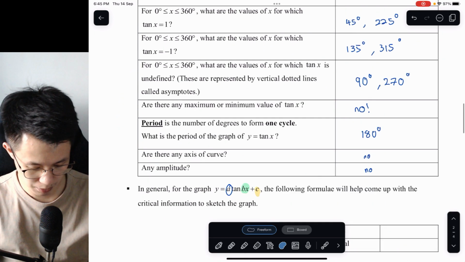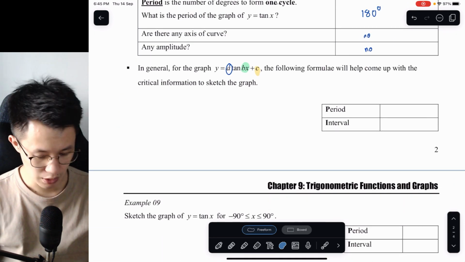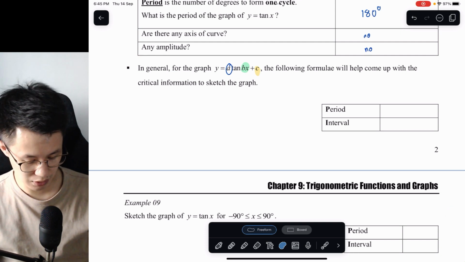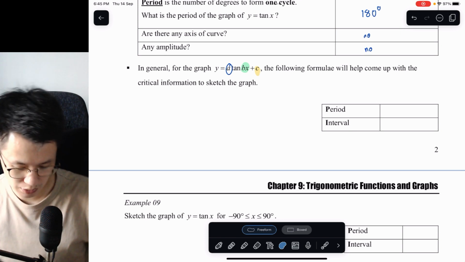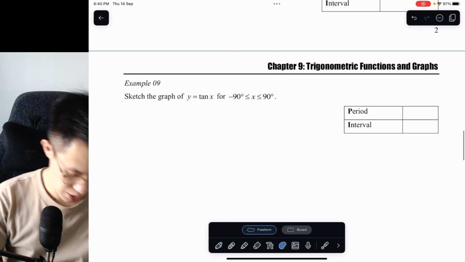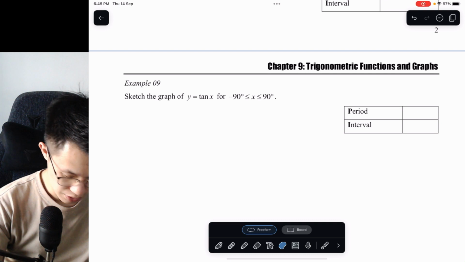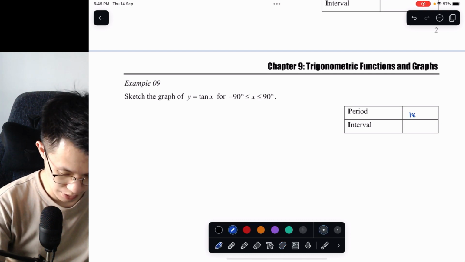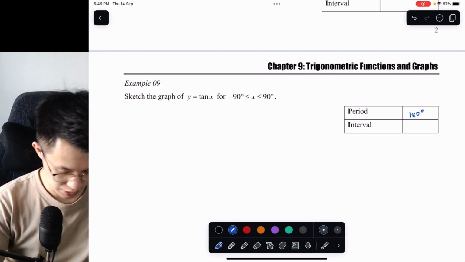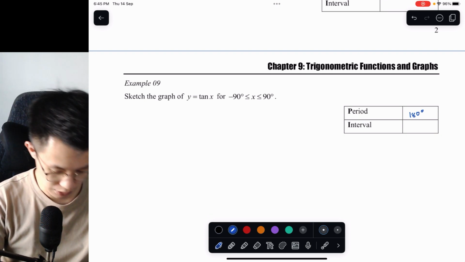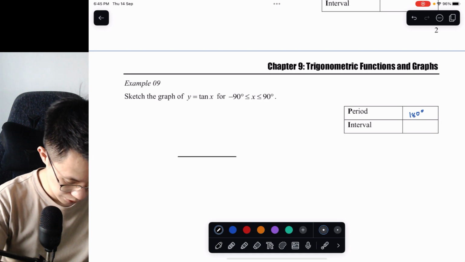So actually when you multiply to the function itself, it's not going to change anything. But when you multiply to x and you add the thing, your intervals, your range, where it looks like will definitely change. So sketching the graph for this, your period is still 180 degrees because that's how it looks for one cycle. Your interval is also about 180 degrees, from negative 90 to 90 degrees. So you need to sketch it out.